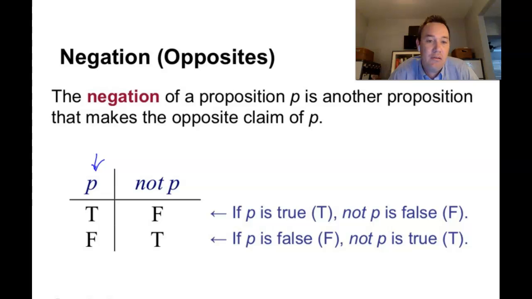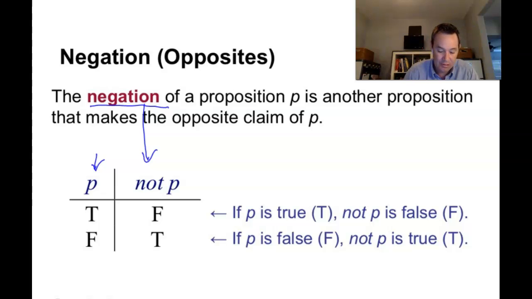But for now, imagine that the letter P represents some assertion or some denial. Then P could either be true or false. So the negation of P would be not P. And the negation of P has the opposite truth value that P does. So when P is true, not P is false, and when P is false, not P is true.